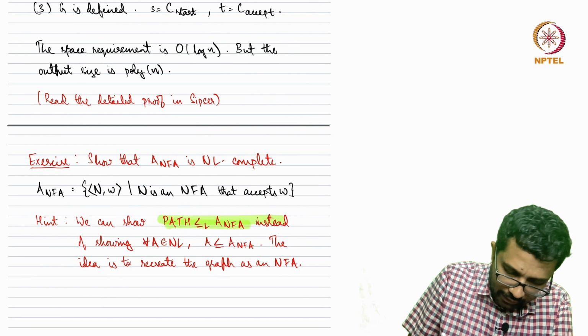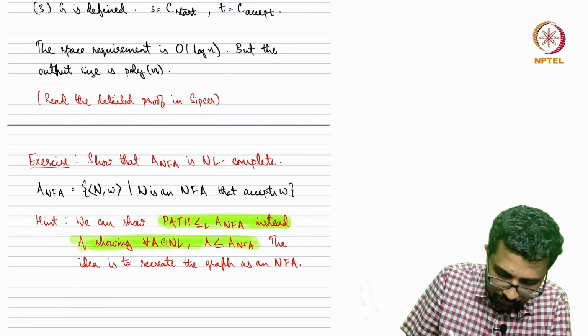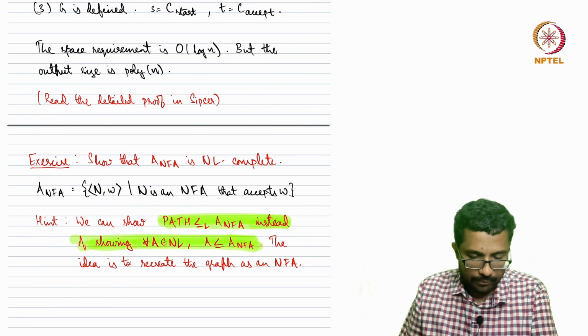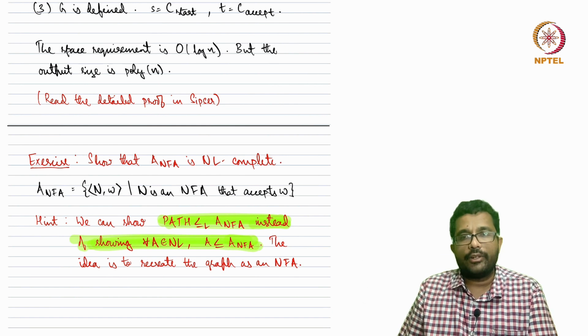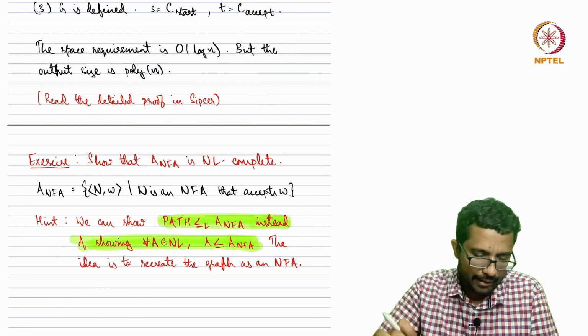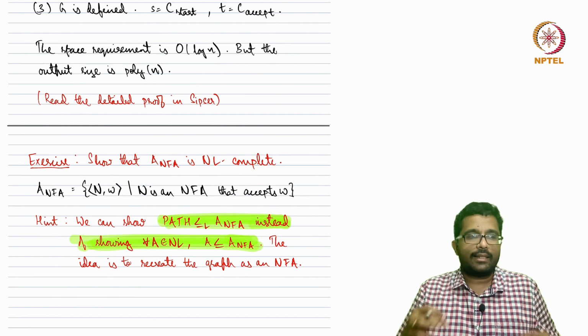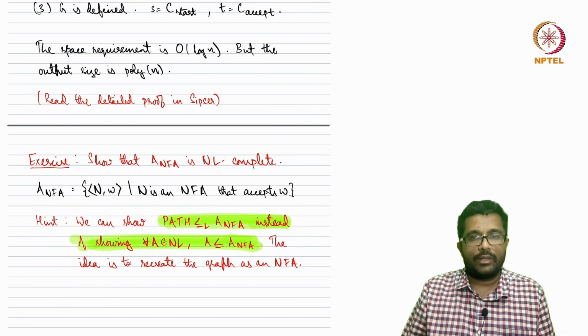So we can show that PATH is reducible to A-NFA instead of showing that all the languages in NL are reducible to A-NFA. Just to give a one-line idea: PATH is, given a graph, is there a path from S to T?